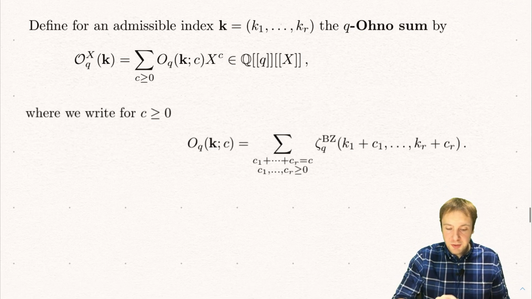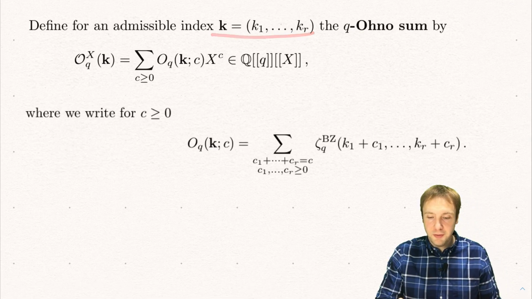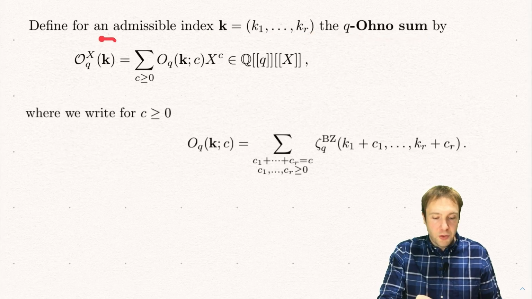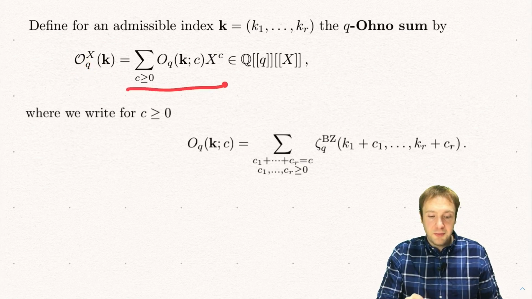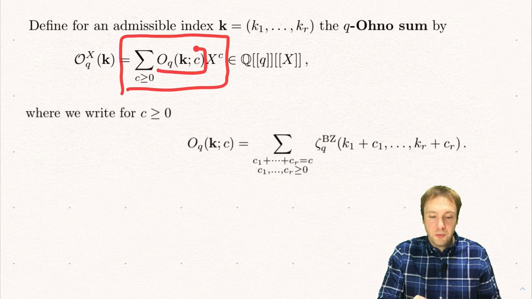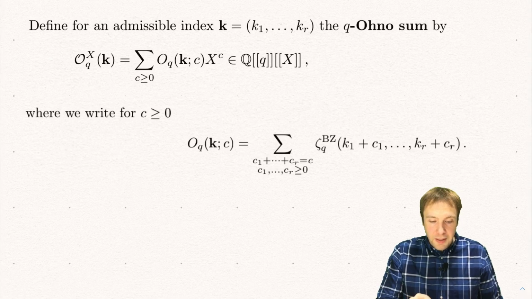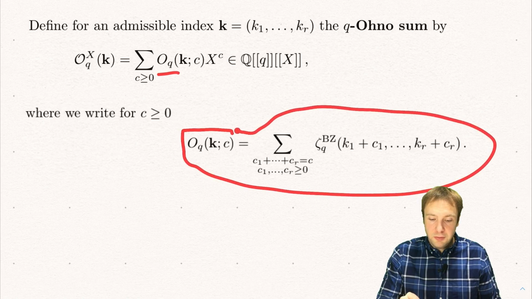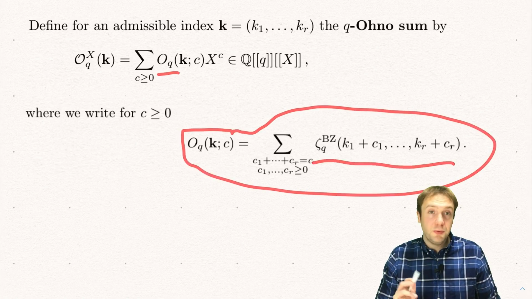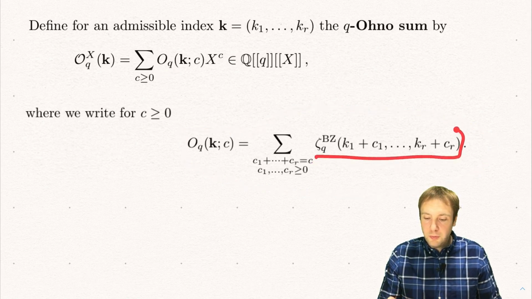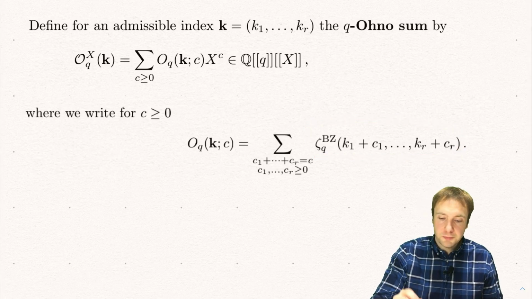For an admissible index k, we now define the q-Ohno sum, which we denote by O, but now we also write a q here. We again write it as a power series, but now the coefficients are not multiple zeta values, but they are given by formal q-series. It is exactly like before, but instead of taking the sum over multiple zeta values, we take the sum over this Bradley-Zhao model.